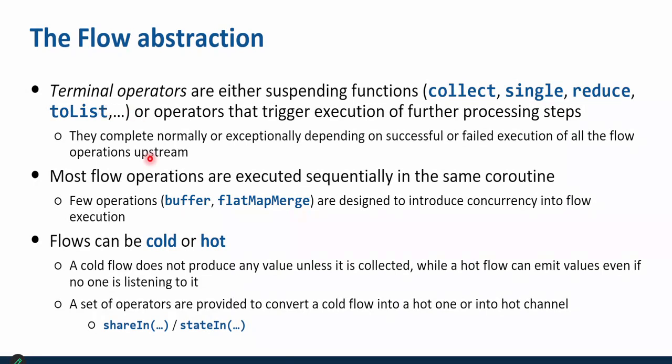Of course, they can complete or eventually raise some exception or fail on the flows. And there are also some specific operators which are conceived to operate sequentially in your coroutines, like buffer and flatMapMerge. We will see some details later about them.